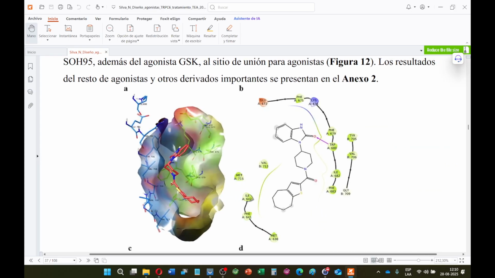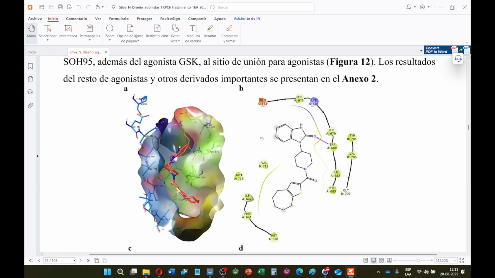This is a literature ligand, from an experiment, reported to be a very good agonist of this calcium channel. Inside the cavity it only has a hydrogen bridge, and all the rest is hydrophobic. In fact, the molecule is super hydrophobic.